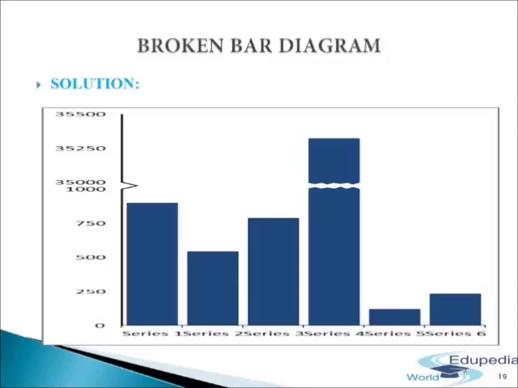Looking at the data, if we had a chart that had 0, 250, 500, 750, 1000, then a break, then 35,000, 35,250 and 35,500 as the scale, we would be able to see the most of the detail clearly. Something like the graph which we are seeing right now. In this graph, we have taken a break in between 1000 and 35,000 so that the data can be clearly shown on the graph. This way a broken bar diagram is made.